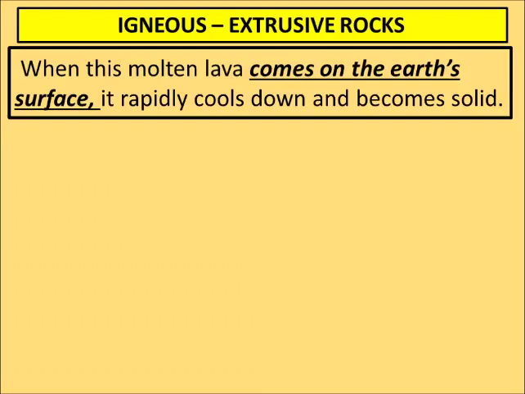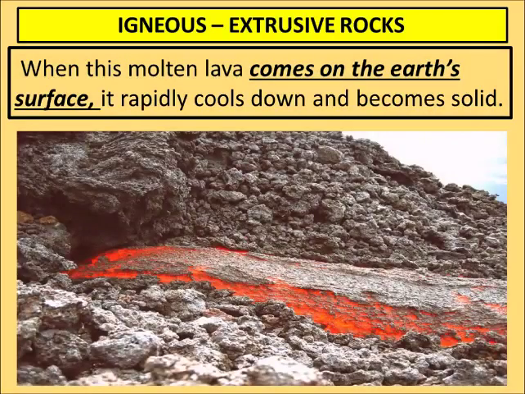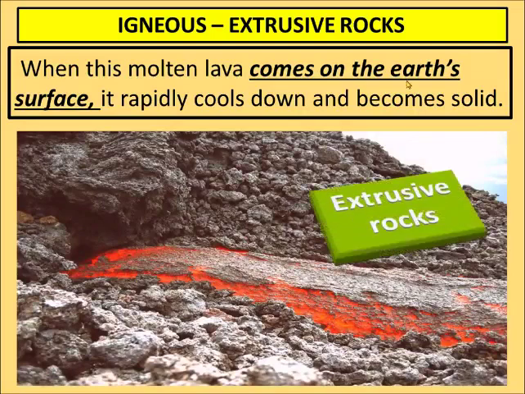Igneous extrusive rock: ex means out. When this molten lava comes on the earth's surface, it rapidly cools down and becomes solid. So rocks formed in such a manner are known as extrusive rocks, meaning out of the earth.